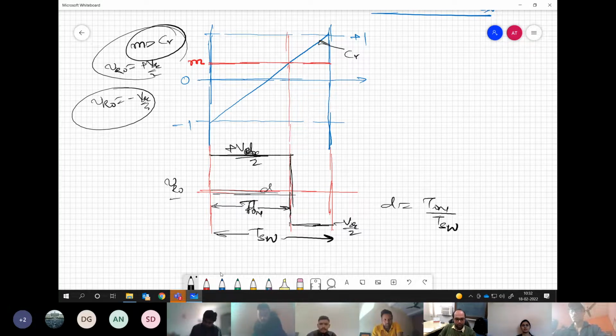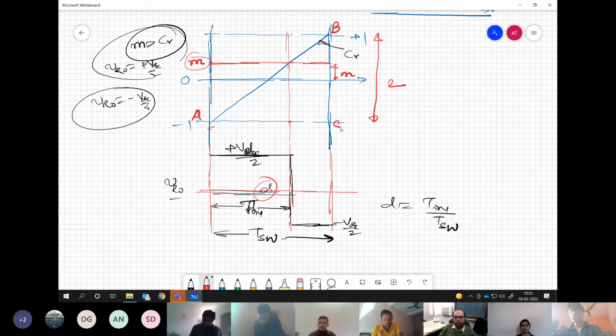Now what happens? Let us say if you take this height, this is basically 2 and this height is m over here, and this is the total time period TSW. What we are trying to do is correlate D with the variable m. So you can have again the properties of similar triangles.